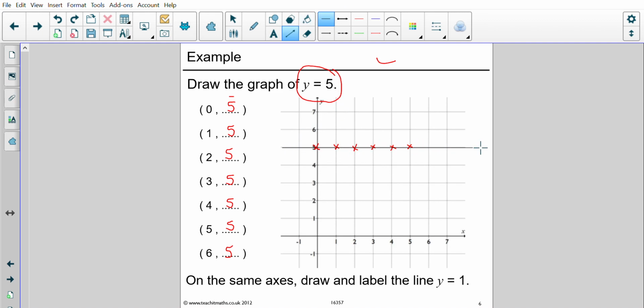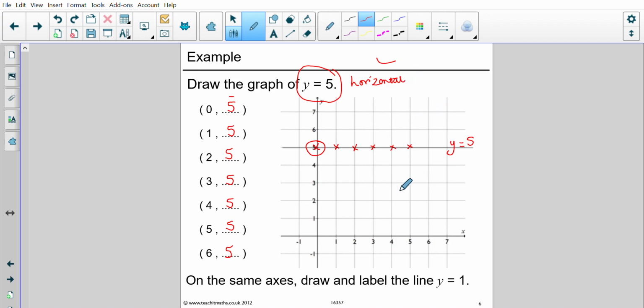I'm going to draw the line, extend it beyond the first and the last point, right across the grid, and that's the line y equals 5. For every point on that line, the y coordinate is 5, and importantly, it goes through 5 on the y-axis. So this gives us a horizontal line, which is parallel to the x-axis.